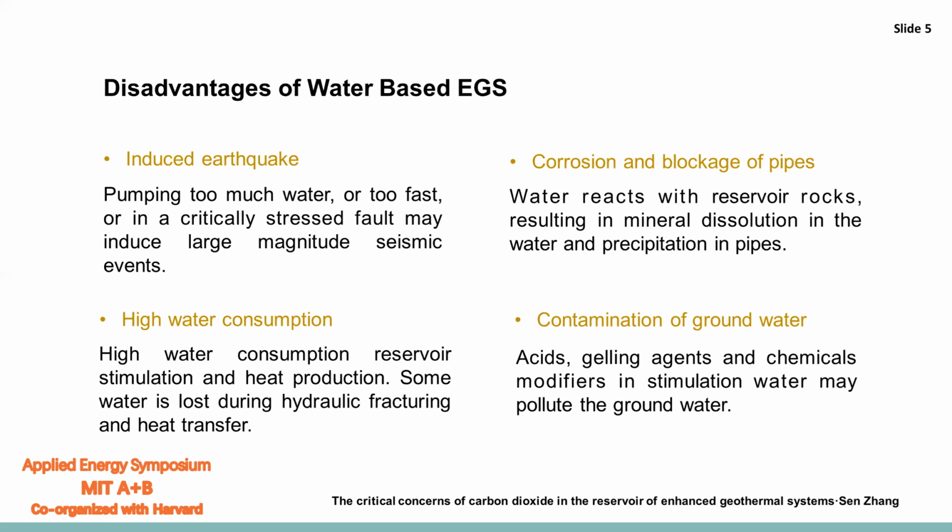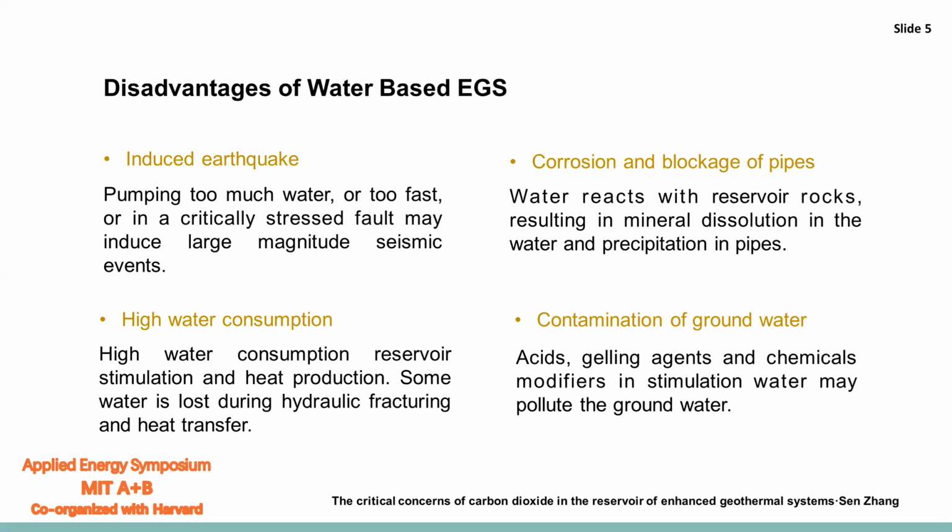For example, if you pump too much water, or if you pump it too fast, it's going to trigger seismic events. Also, if you use water in the EGS, the water reacts with the reservoir and results in major dissolution. And then you're going to get precipitation in the pipes.